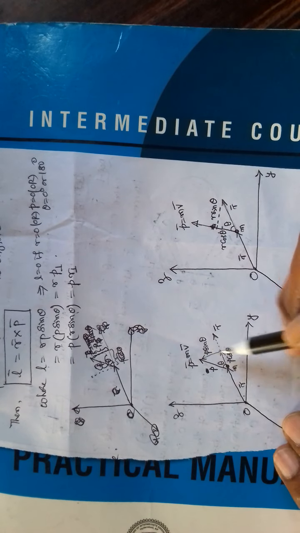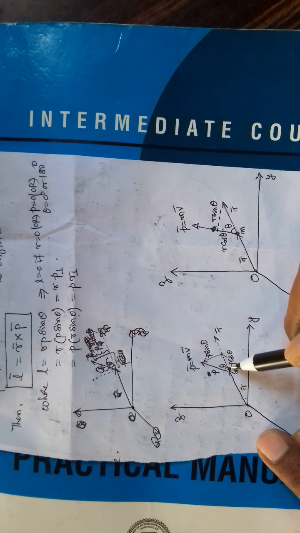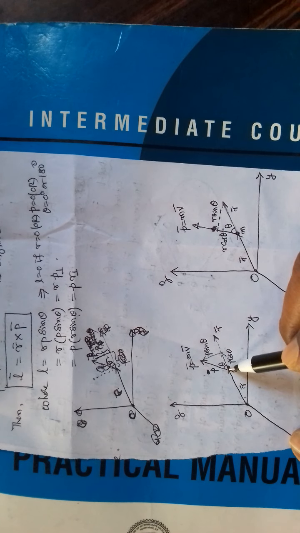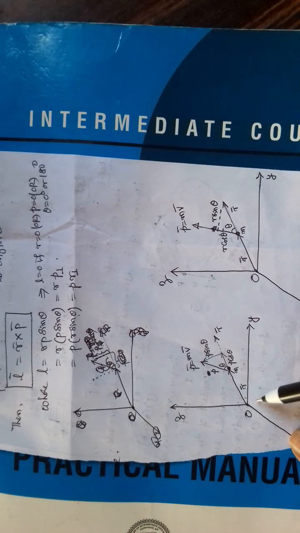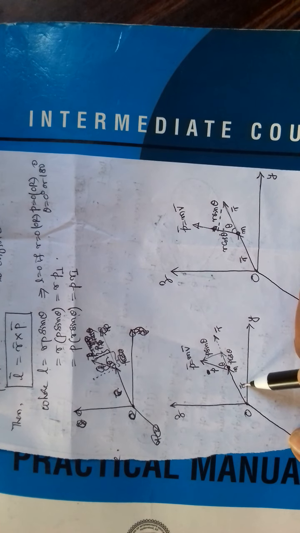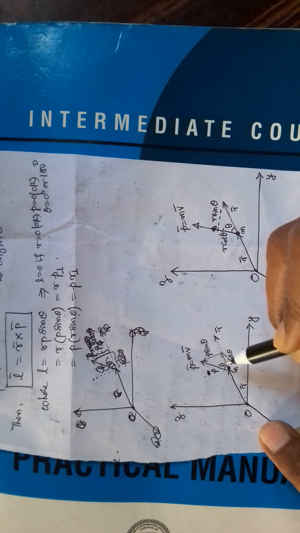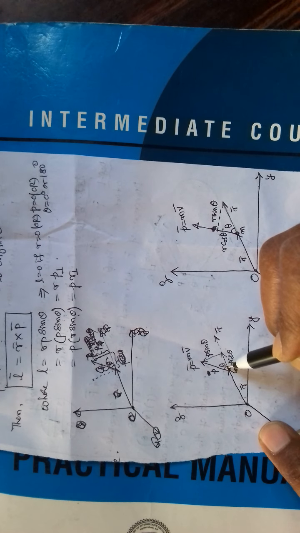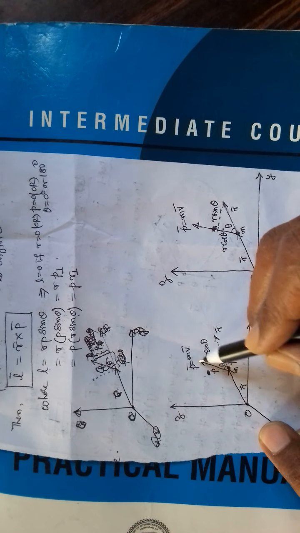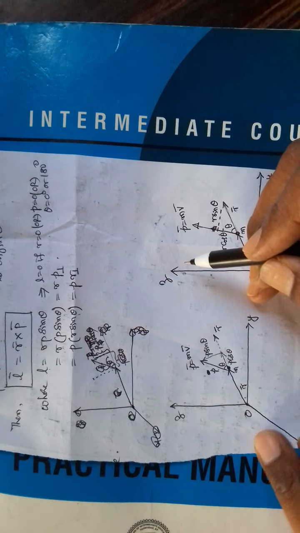Let us see in the diagram here. See here, the mass particle is considered here. This is the position vector. Position vector starts from origin and ends on the mass particle. This is the position vector, and this has a linear momentum p equal to mv, suppose in this direction.